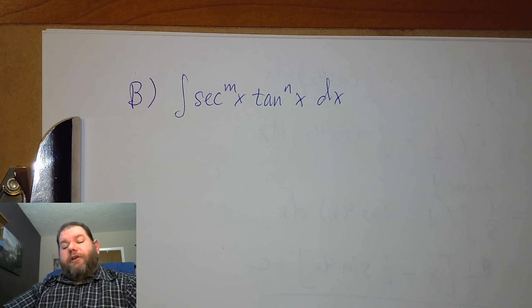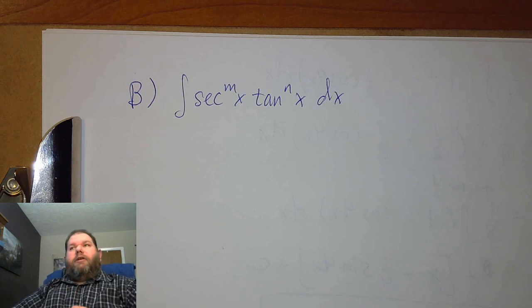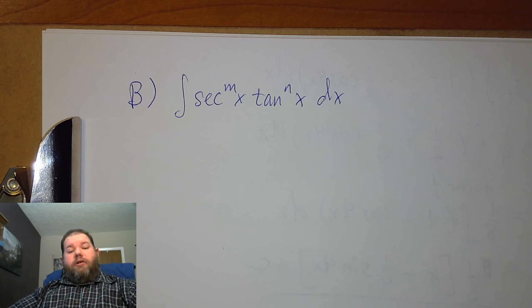It's similar here, except if we think about the derivatives of these functions, we know the derivative of sine is cosine, and the derivative of cosine is negative sine. It's a little more complicated when we think of secant and tangent, though. The derivative of secant is secant times tangent, and the derivative of tangent is secant squared.